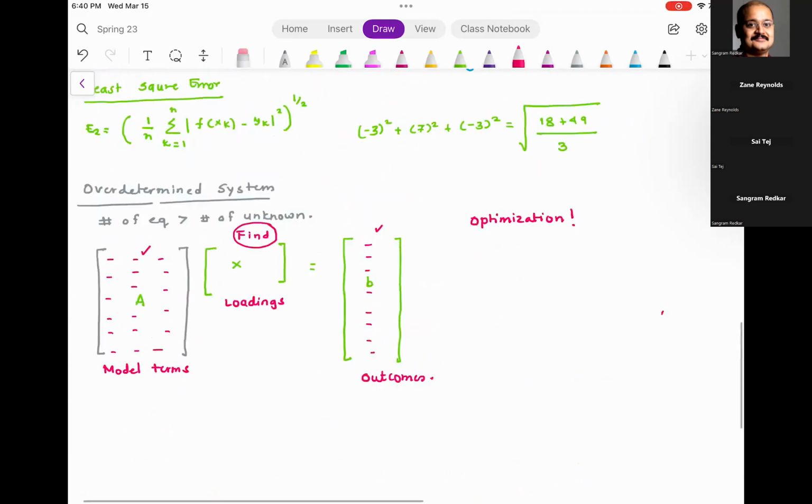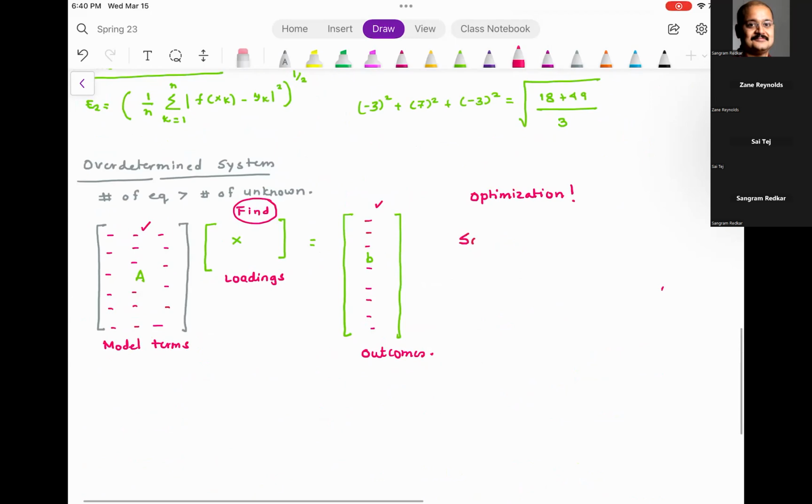I want to solve this, but I cannot solve this randomly. I need to specify some type of objective function, and I need to specify some type of penalty or regularization parameter.